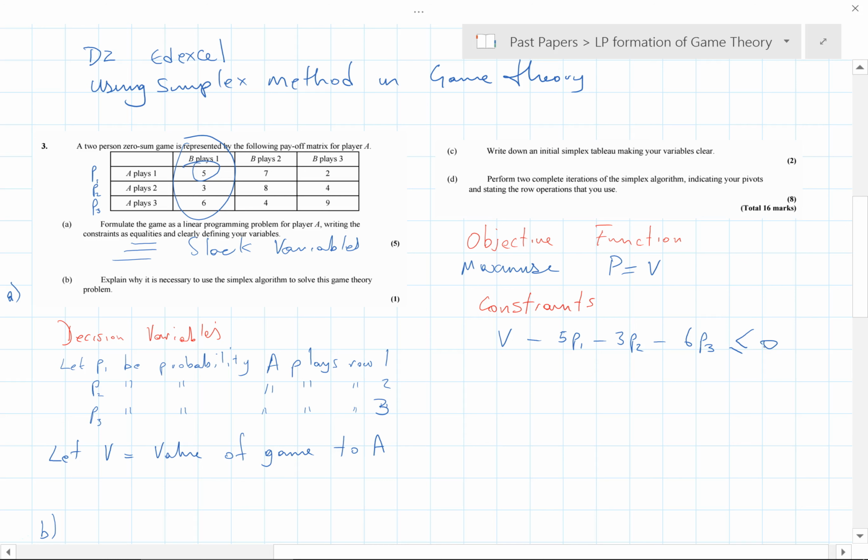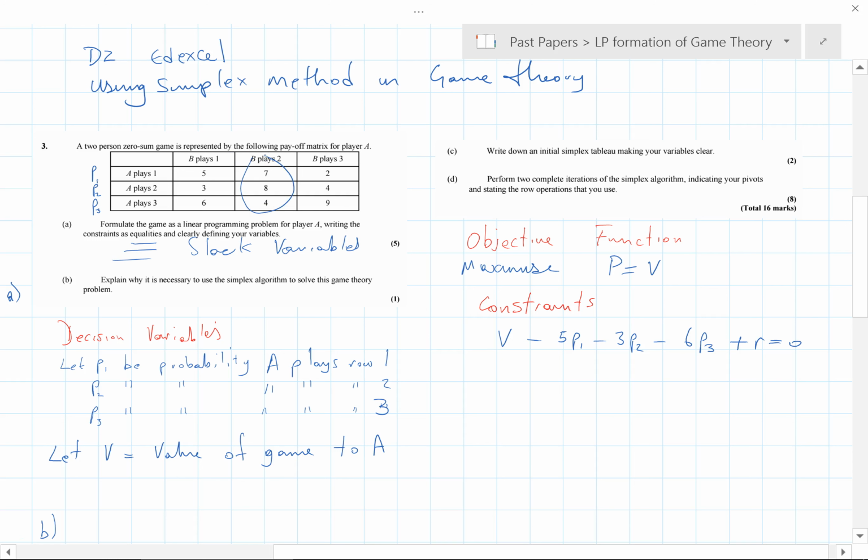Still not what we want really, because we want a slack variable that changes an inequality into an equation. So let's call the slack variable r, plus r equals 0. R because the inequality is in that direction, so it's less than on the left-hand side. So r is the amount less than it actually is. And we can do that for all of these.